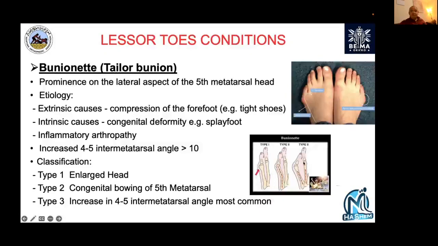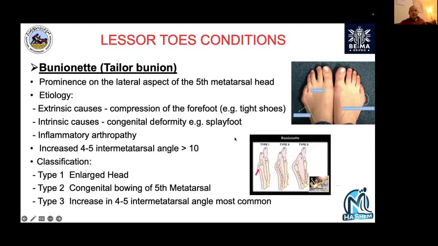And the third type, when there is an increased intermetatarsal angle, or when the fifth metatarsal is more lateral or more valgus compared to the fourth metatarsal. So the causes of a bunionette or tailor's bunion are either deformity of the head itself, deviation of the shaft, or an increased intermetatarsal angle between the fourth and fifth.